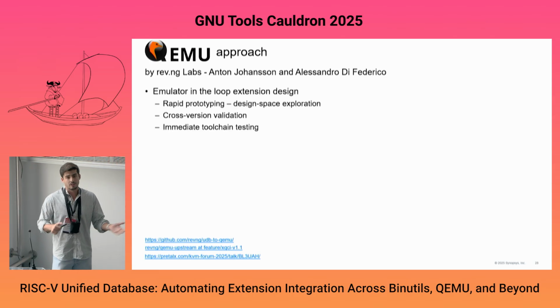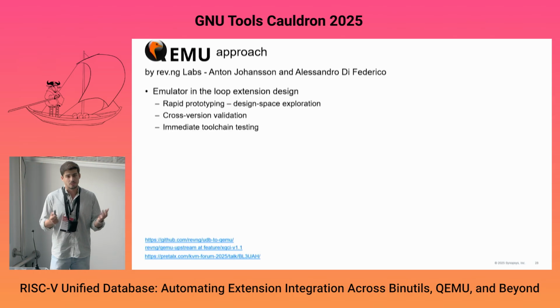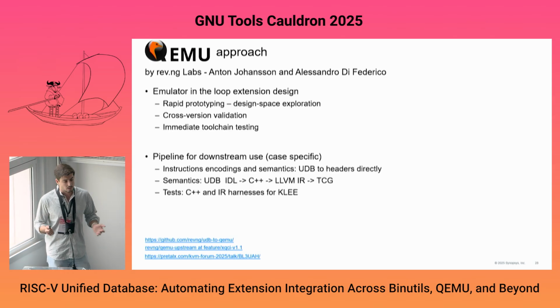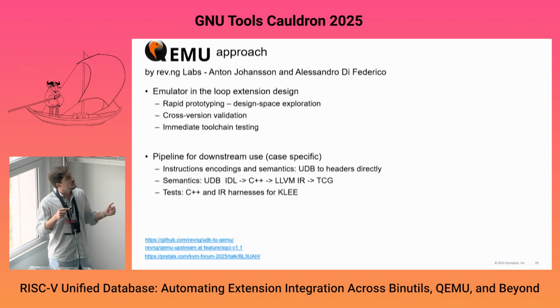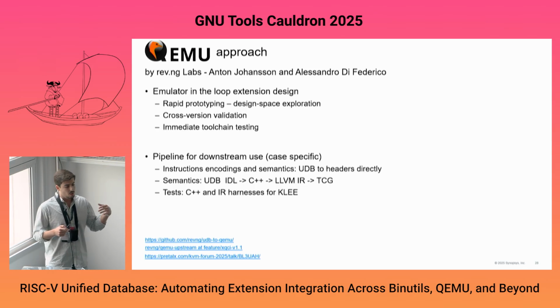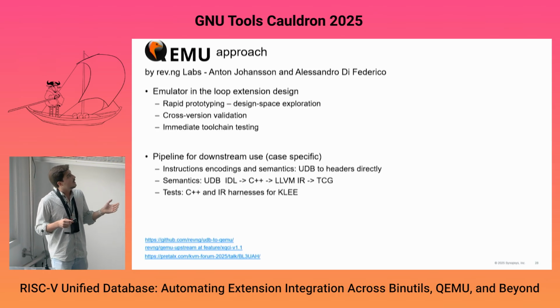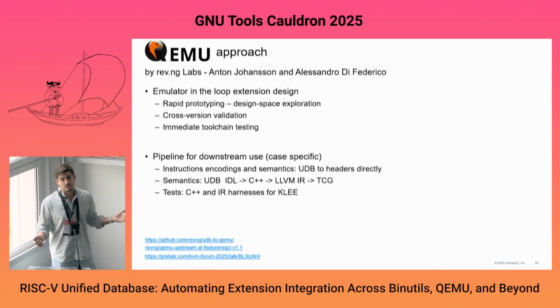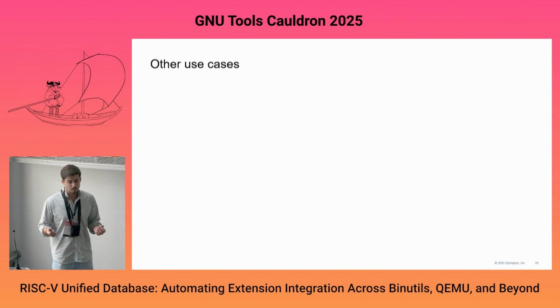You can have a cross-version validation between your extensions if you're writing extensions, and you have immediate toolchain testing because of how QEMU works. For their pipeline, they used IDL for semantics, that language I showed you before, and they were able to get it down to tiny code generators on QEMU. I won't go over the specifics of their implementation, but if you're interested, please look at the link.